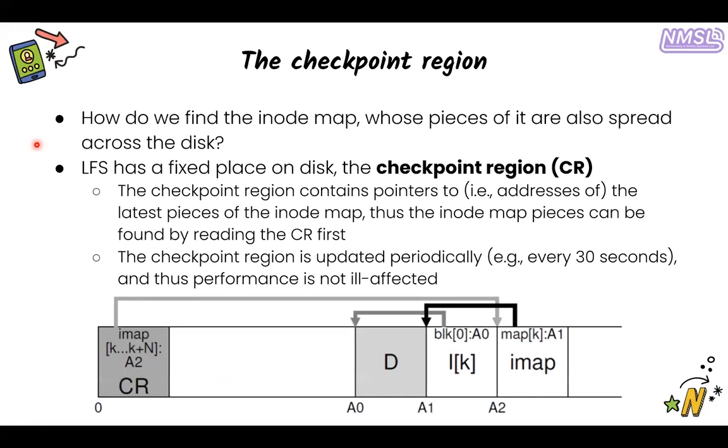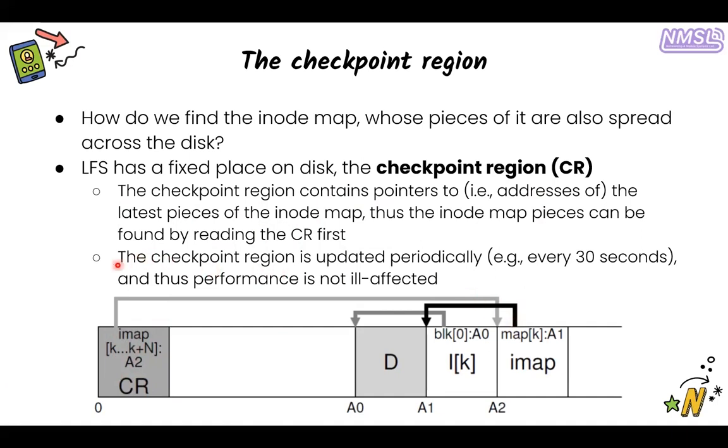And that's where the checkpoint region comes in. The checkpoint region contains pointers to the latest pieces of the inode map. So this is fixed, and it has the information of where the inode map is. Then again, that points to the inode, which points to data.